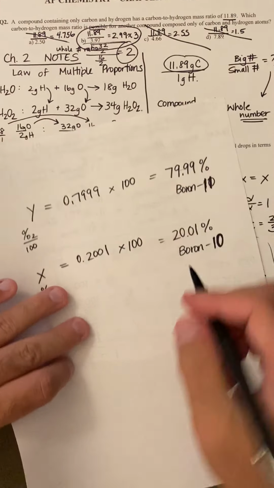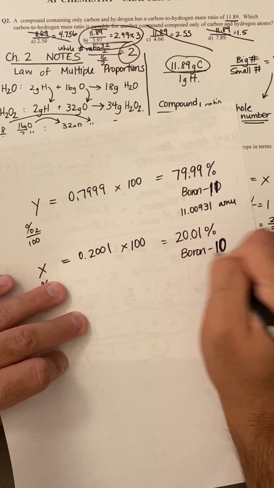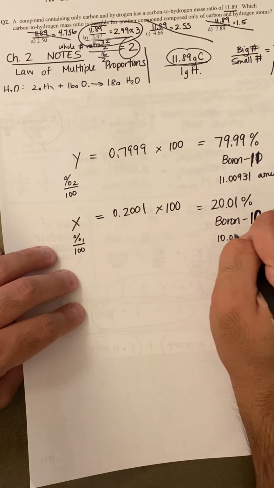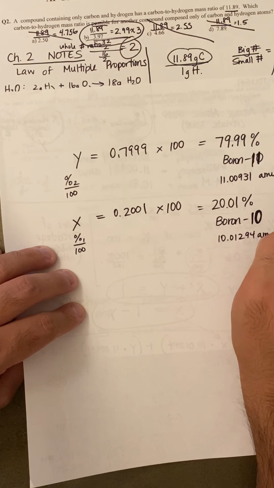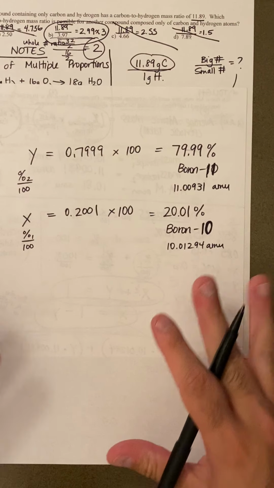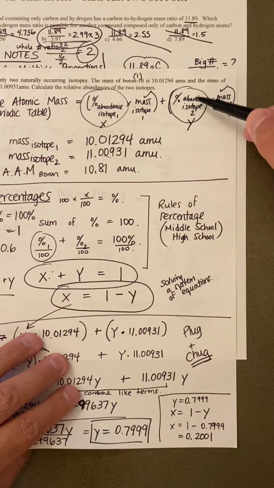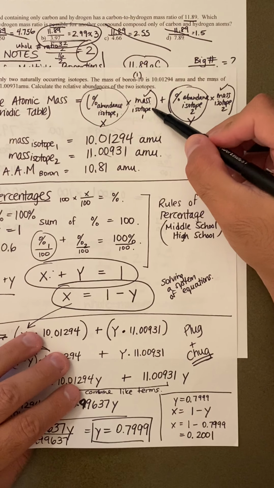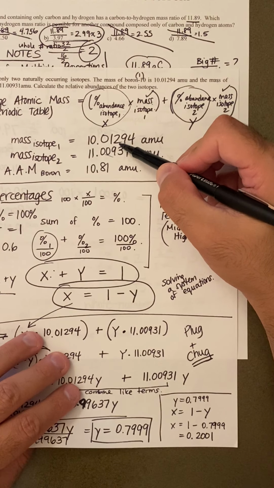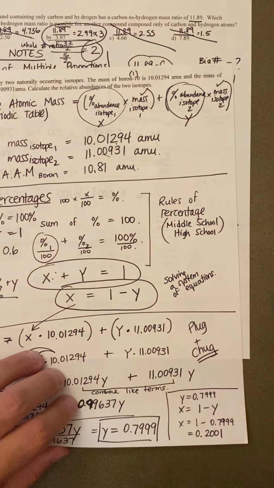And the boron with a mass of 11 is 11.00931 AMU, and the boron 10 was 10.01294 AMU. Sorry, I made that quick mistake. Right? That's why we label everything. Again, X was isotope number 1, Y was isotope number 2. And isotope 1 was 10.01294, and isotope 2 was 11.00931.